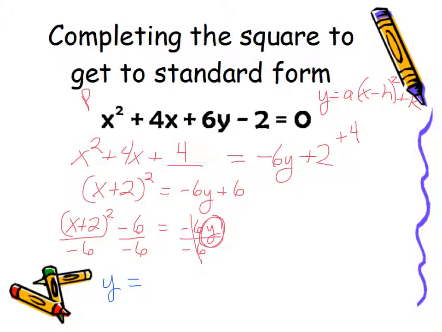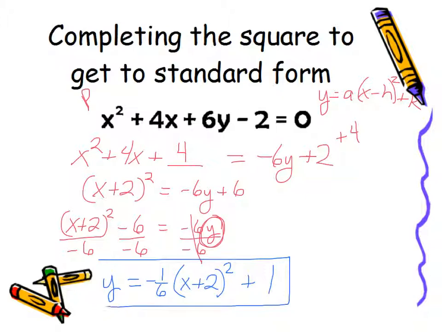So instead of showing it as divided by negative 6, that's actually just a fraction, negative 1/6. And that's the a in my equation. And then I'll have an x plus 2 squared, and then a negative 6 divided by a negative 6 is a positive 1. And now that looks like the parabola equation we're used to seeing that we could go graph.